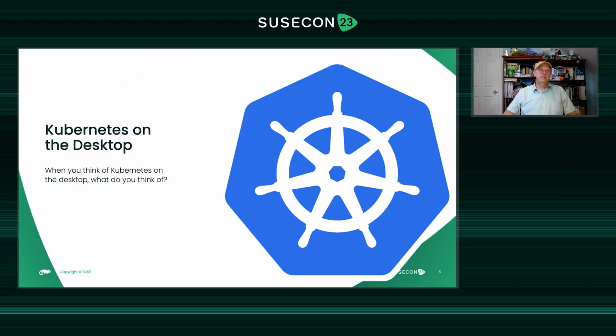So let's dig into this whole idea about running Kubernetes on the desktop. Well, why would you want to run Kubernetes on the desktop in the first place? Well, we find that most developers want to be able to run Kubernetes where they're working. We find developers like to work from coffee shops. They like to work out on their back deck or on their front porch, wherever they're trying to tackle the latest problem that they're working on.